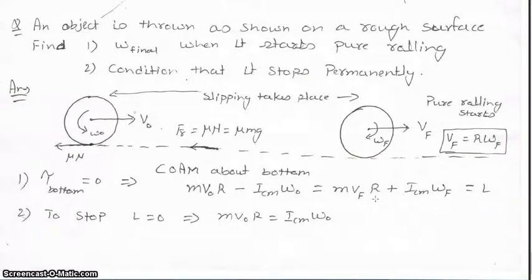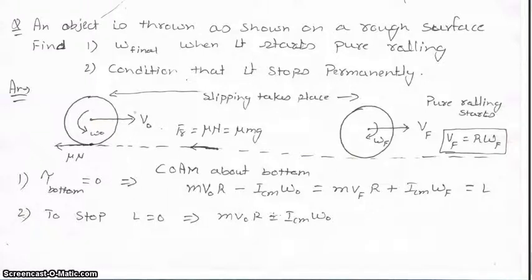After equating these two and using this equation, V final is equal to R times ω final when pure rolling has started. This equation should be applied only when pure rolling has started. So we get the value of ω as well as V. And if we want the relation between V0 and ω0 so that the object stops permanently, we have to say that the initial angular momentum should be 0.